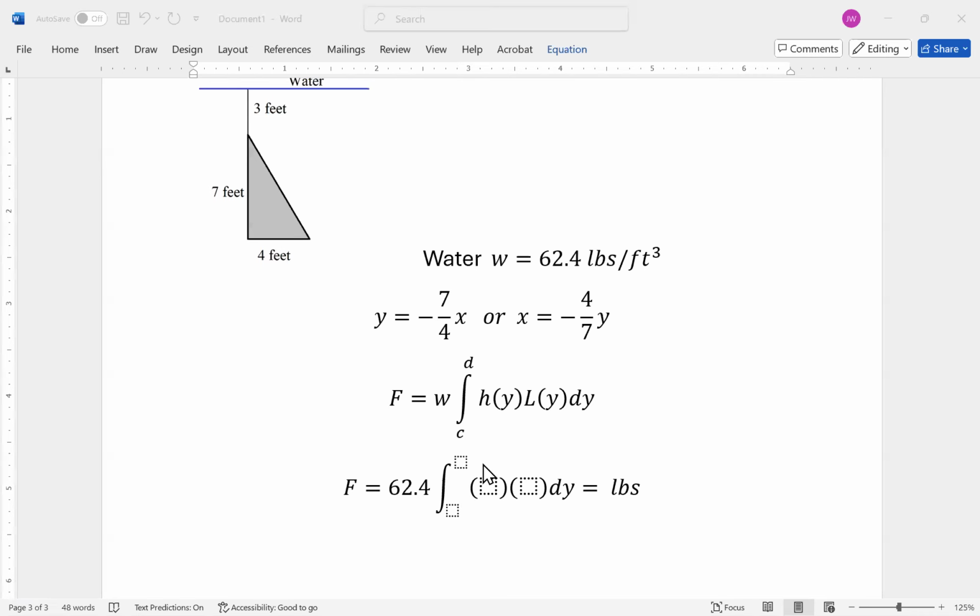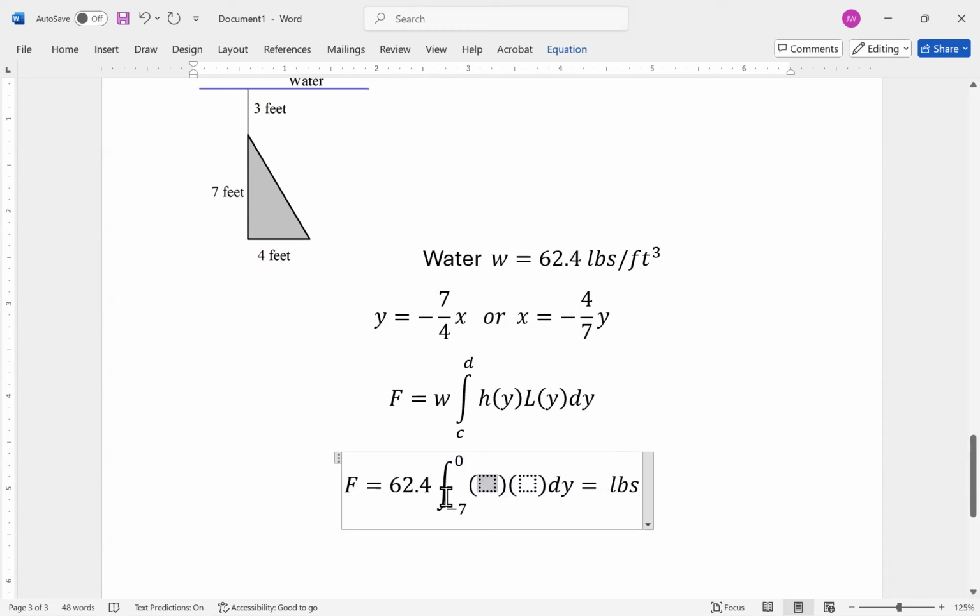So now I'm ready to fill out the integration. Again, origin is right here. I had to clear those things off to start writing here, but we're going to go from negative 7 up to 0. The depth was from 3 feet down to a y. Those y values will be negative, so that's perfectly fine.